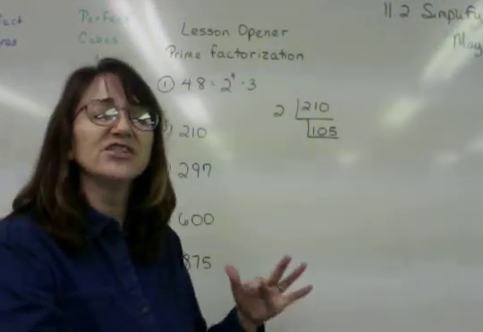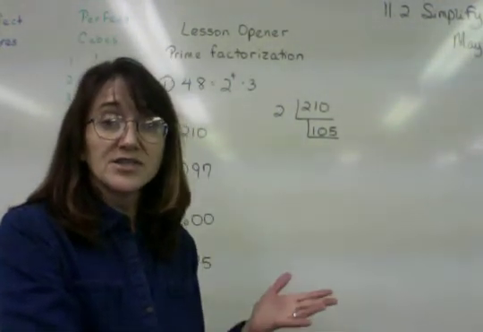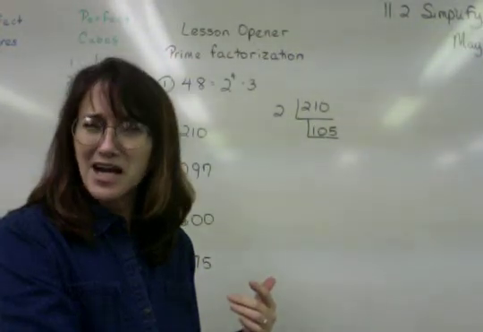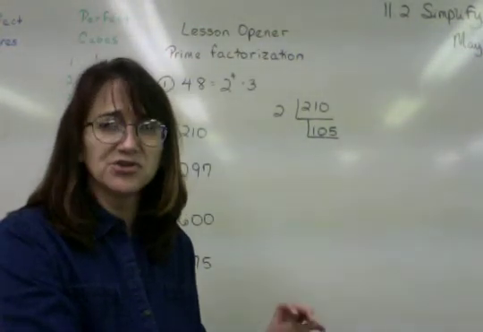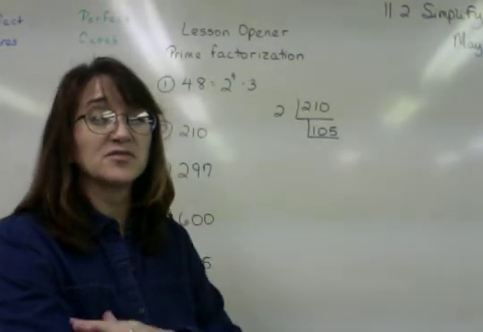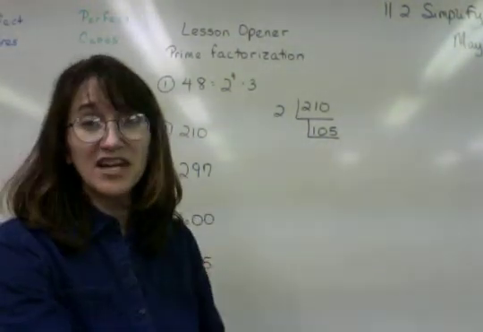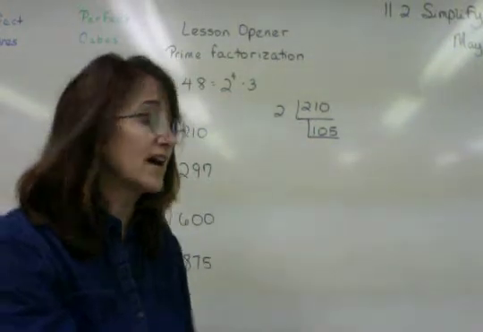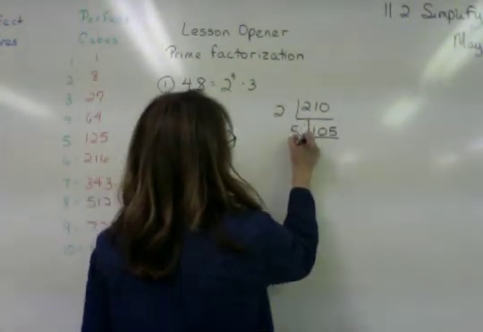Well, it's ending in 5, so that means it's divisible by 5, because numbers that end in 0 are divisible by both 2 and 5, but if it ends in 5, it could be divisible by 5. So let's take that out.